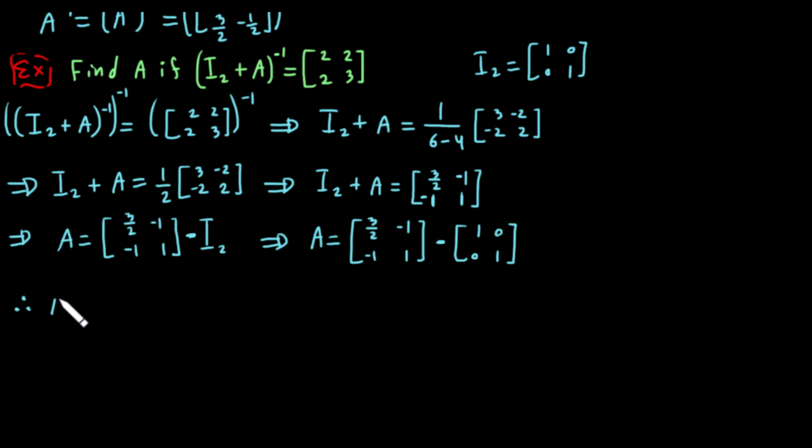Therefore, A equals, 3 over 2, which is 1.5, minus 1, which is 1 over 2, because 3 over 2 minus 2 over 2 equals 1 over 2, since 3 minus 2 is 1 and the denominator is 2. That's why I wrote here half.